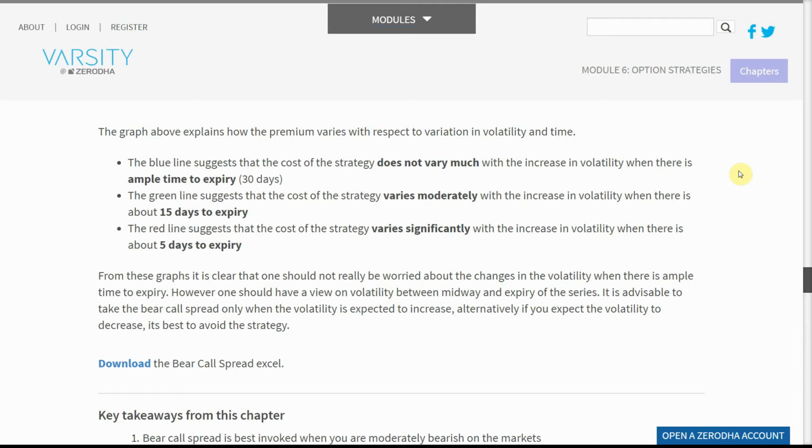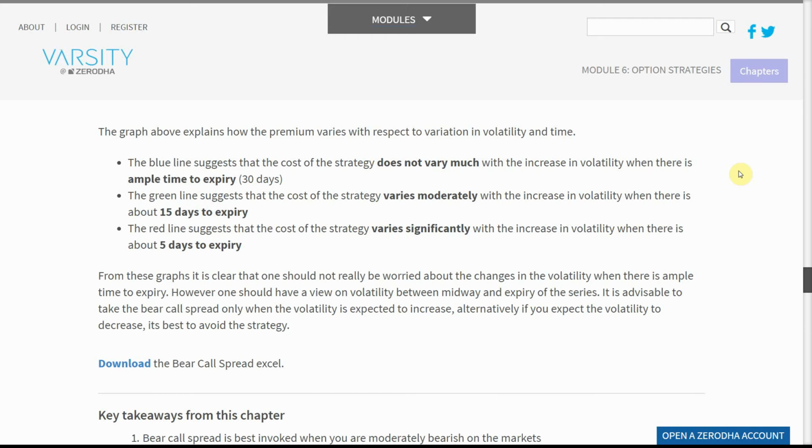The green line suggests that the cost of the strategy varies moderately with the increase in volatility when there is about 15 days to expiry. The red line suggests that the cost of the strategy varies significantly with the increase in volatility when there is about 5 days to expiry.